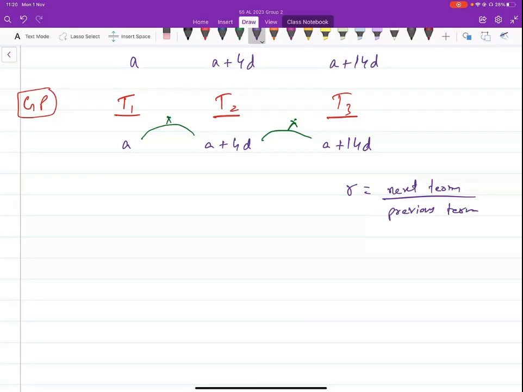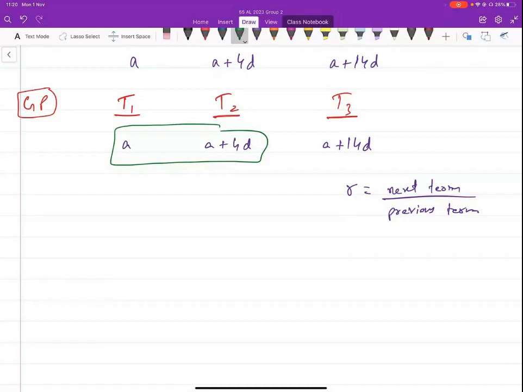Now, what do we understand from that? If we were to take these two terms, A plus 4D and A, how can you find the ratio from this? It will be A plus 4D divided by A. That will be the ratio, right?